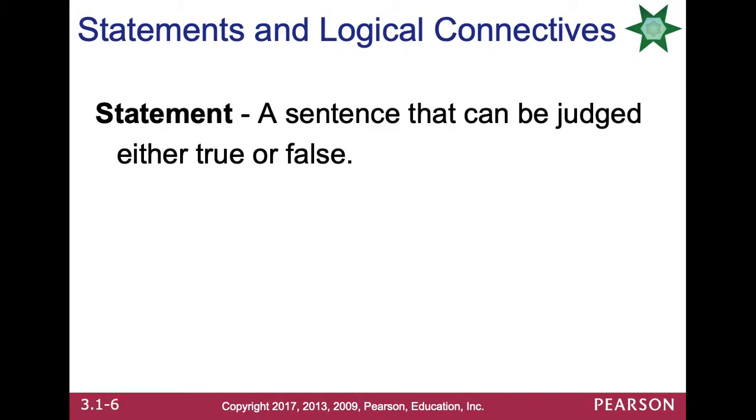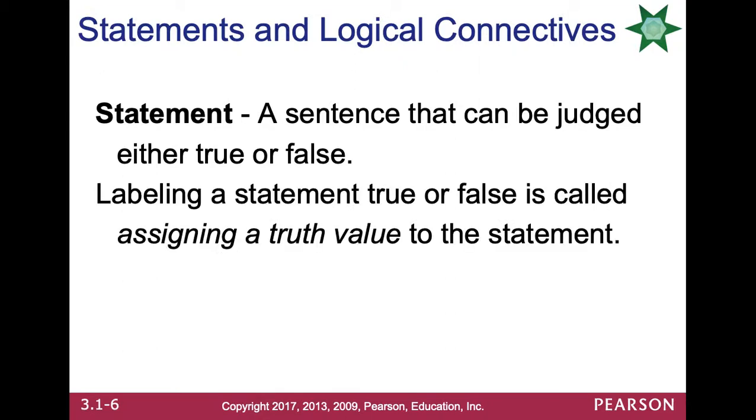So here it is, a statement is a sentence that can be judged either true or false. For example, again, my hair color is black. Is that true or false? Or that your school is in Parker, Colorado. Is that true or false? We can label a statement as true or false, assigning a truth value to that statement. That's going to become more important when we deal with things in 3.2.